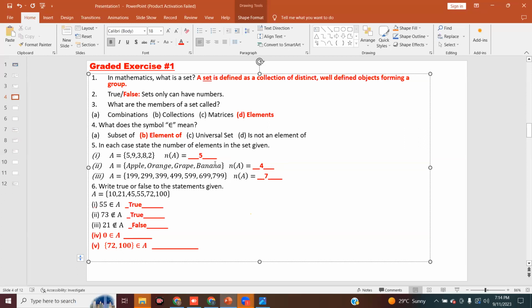Naya, what do you think? I put false. Sienna, what do you think? 0 is an element of A. I also put false. You also put false. Interesting. All right. Olivia, why did you put false?